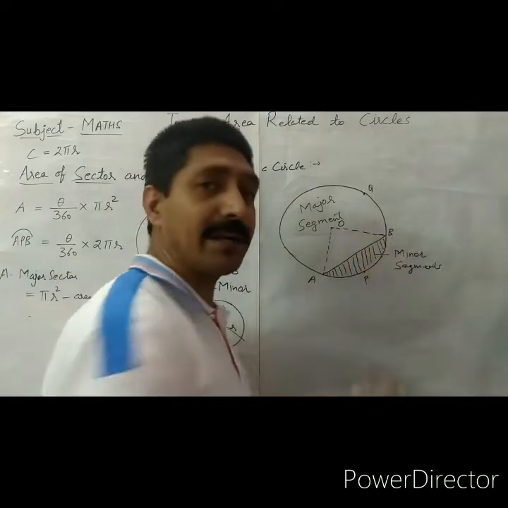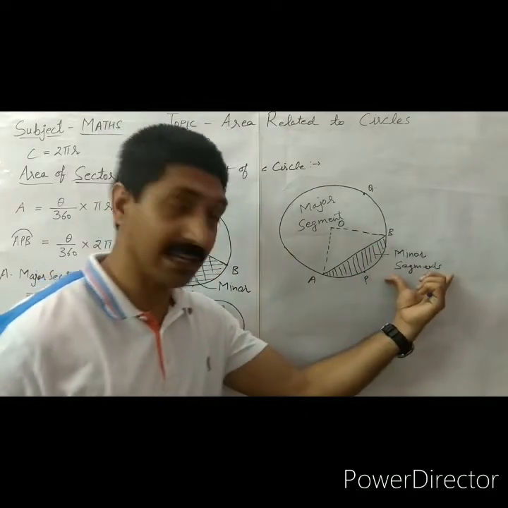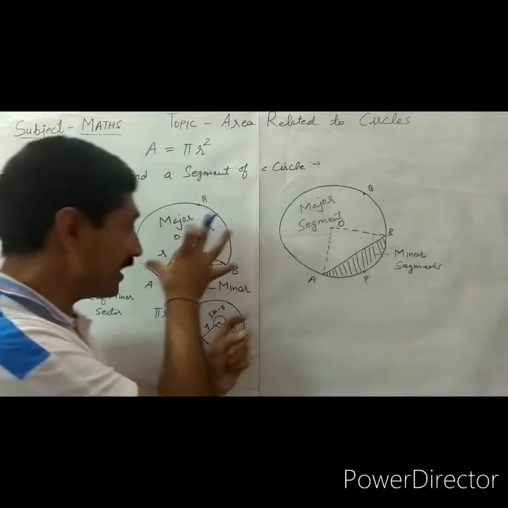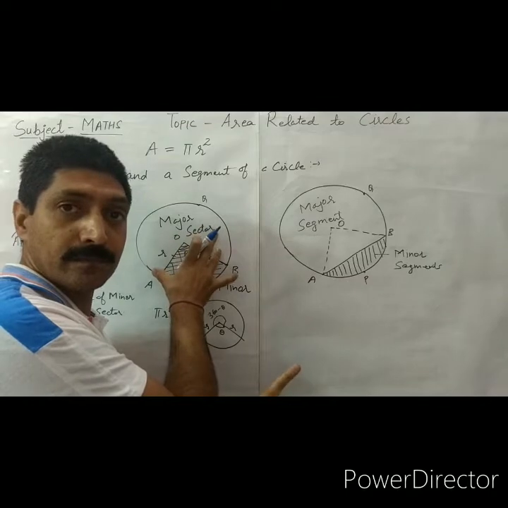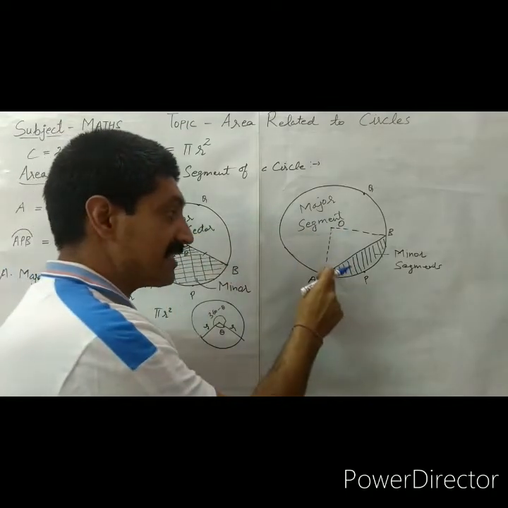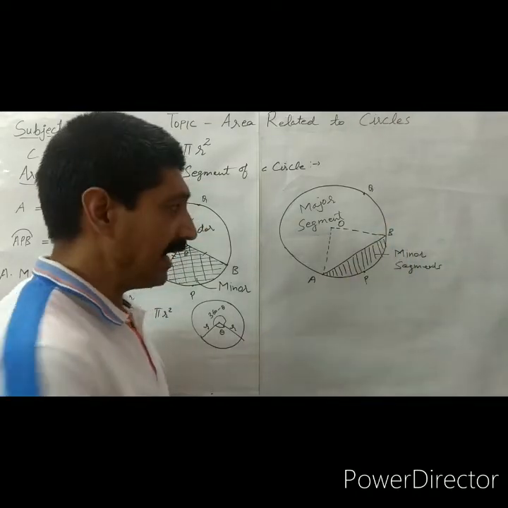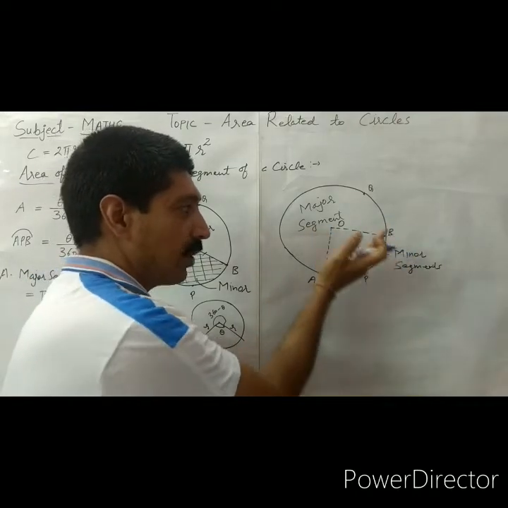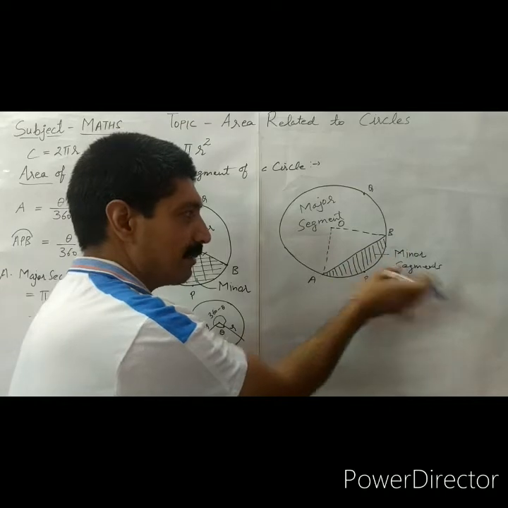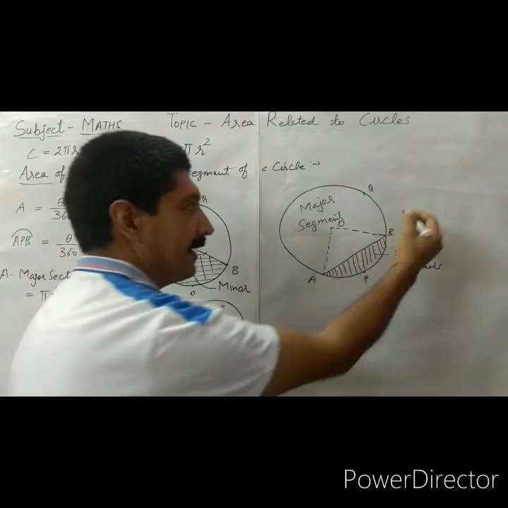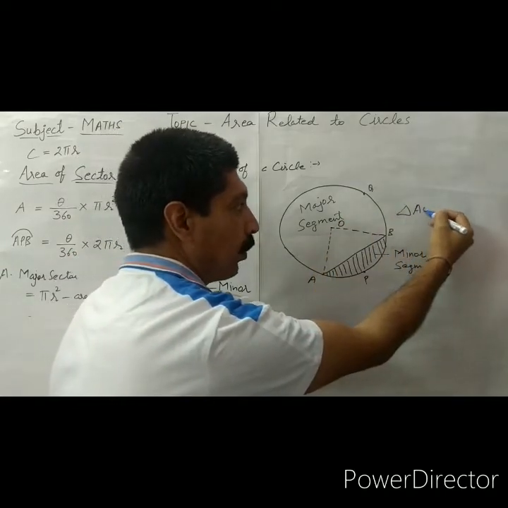In case of a segment we have to find the area of the sector. Here the sector is again OAPB, and this sector is now divided into two parts: one is the segment and one is the triangle AOB.